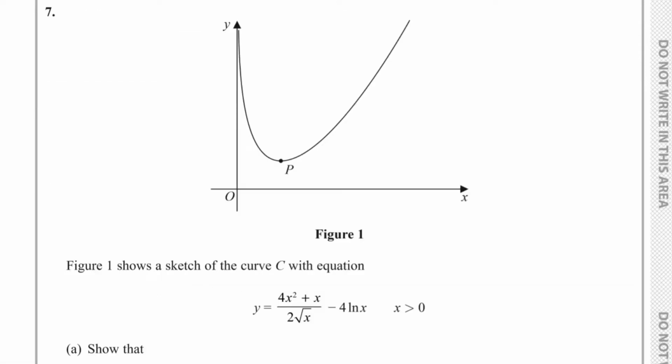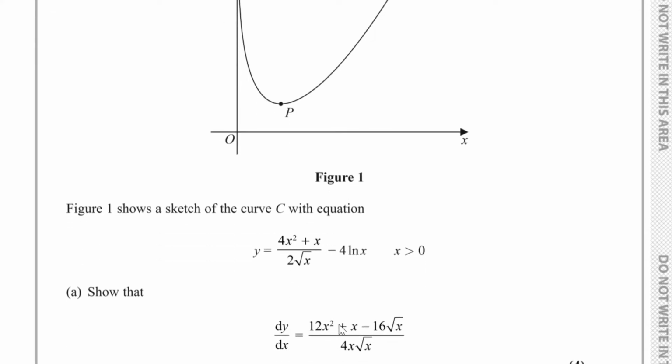Question number 7. We've got figure 1 over here, which shows a sketch of the curve C with equation y equals 4x squared plus x over 2 times the square root of x, minus 4 times the natural log of x, where x is greater than 0.